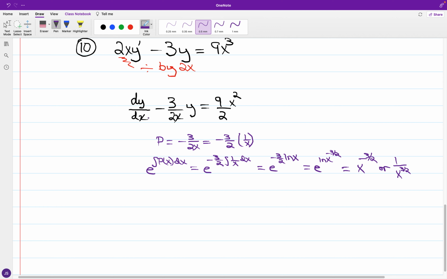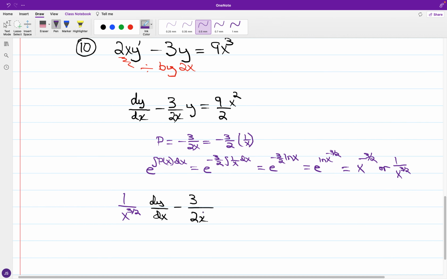And so taking the product of the integrating factor and the standard form layout, you have 1 over x to the 3 halves, again we have dy over dx, minus, again, we see we have minus 3 over 2x, and x to the first times x to the 3 halves.